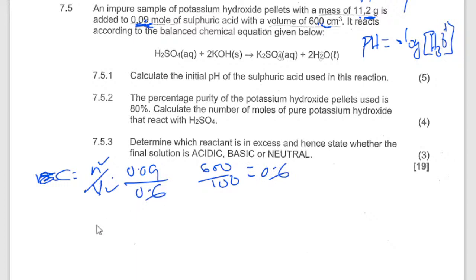So the concentration of sulfuric acid, when you calculate, is 0.15 moles per decimeter cubed. So that's the concentration of sulfuric acid.